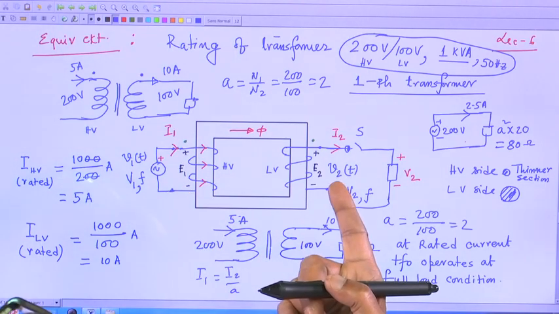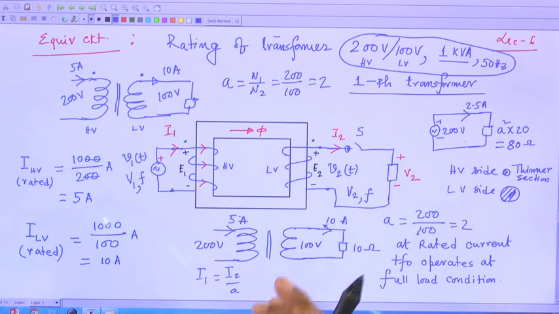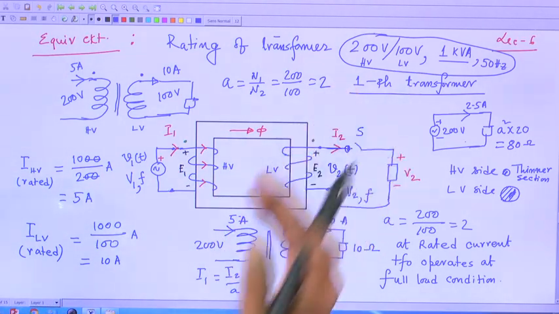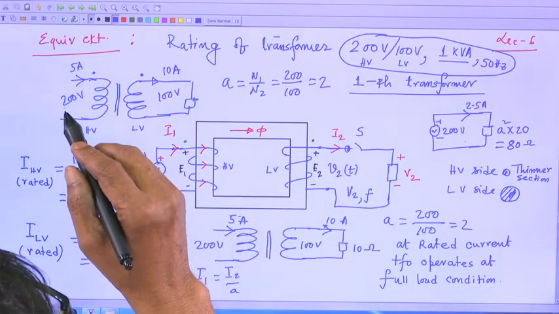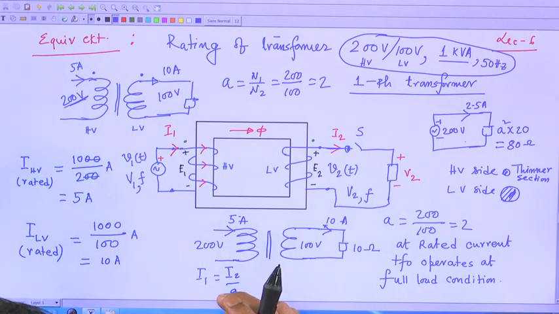On this side you will be getting 50 volt. That you are allowed to do, because you should not exceed the rated voltage of the windings. You should not apply on the HV side a voltage greater than 200 volt, less than 200 volt you can apply, no problem.